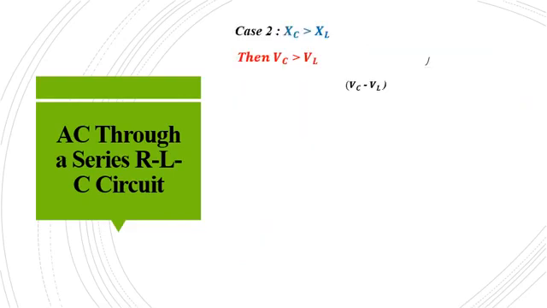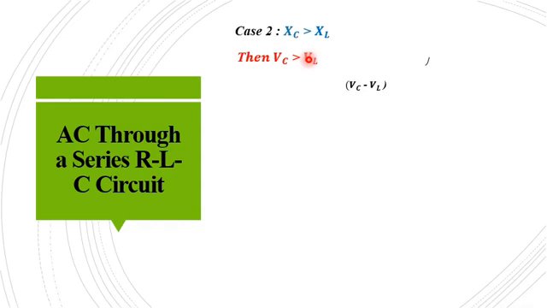Next we can see the second case, that is when XC is greater than XL. So when XC is greater than XL, then VC will be greater than VL. The first step is to draw the phasor diagram.